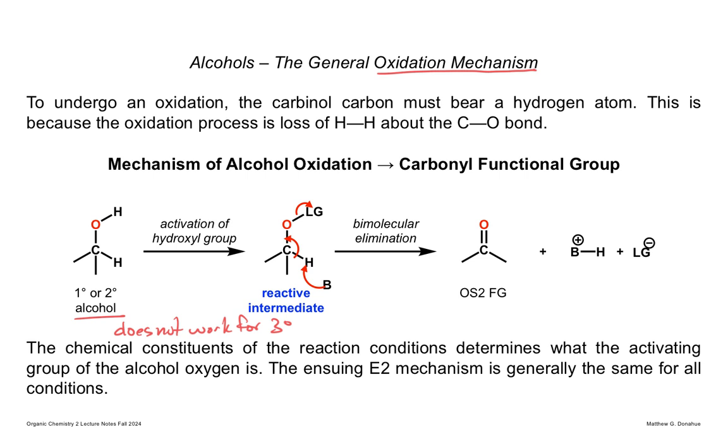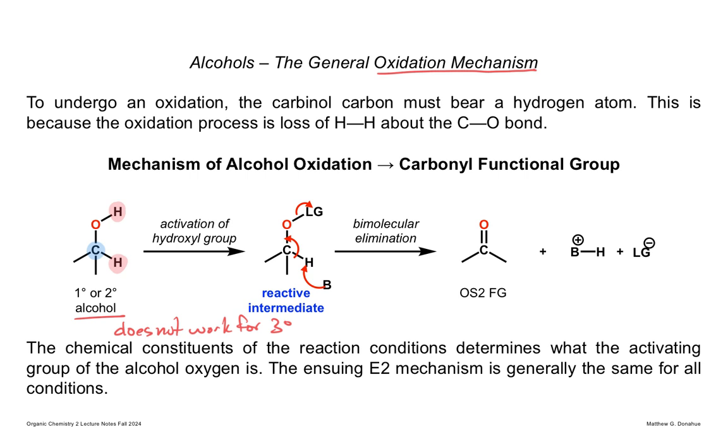The reason for that is, again, if the carbon bearing the OH group is to become the carbonyl carbon, it has to have at least one hydrogen, and the oxygen already has a hydrogen.